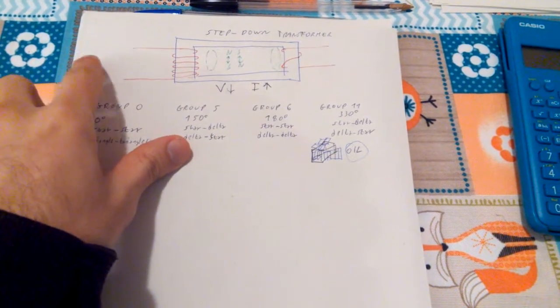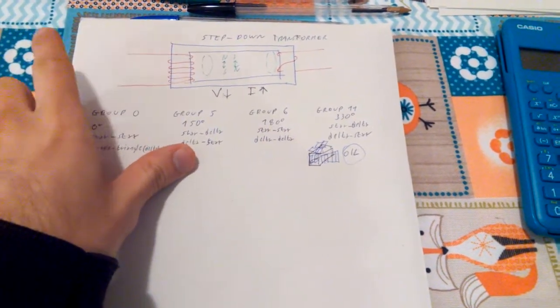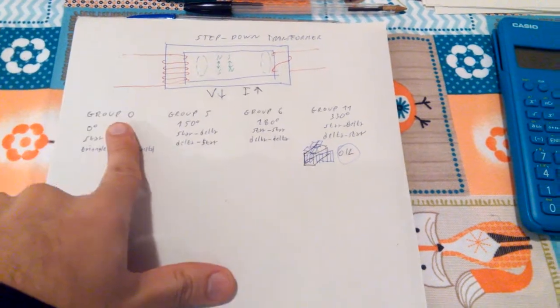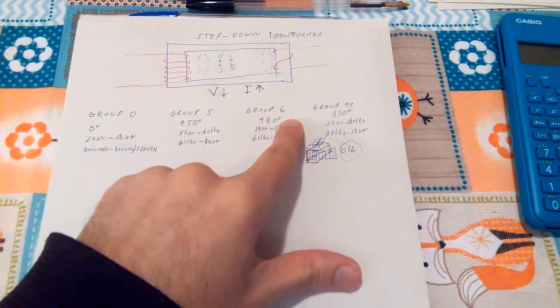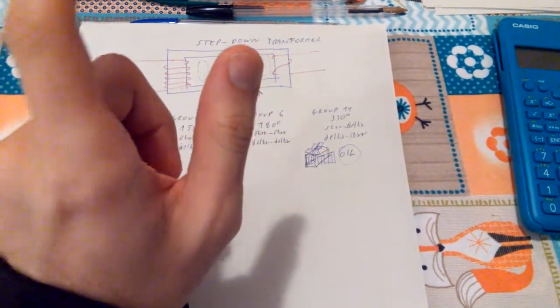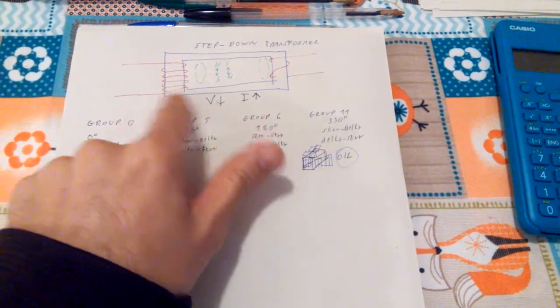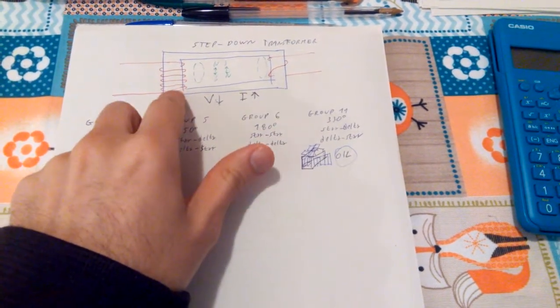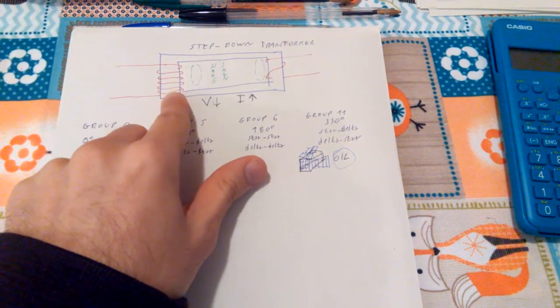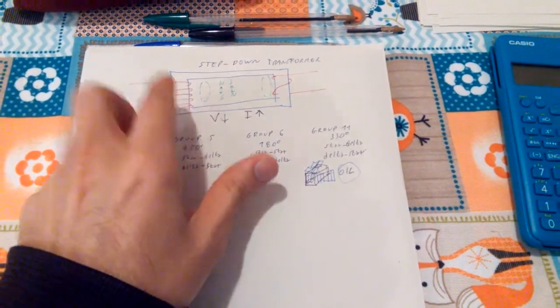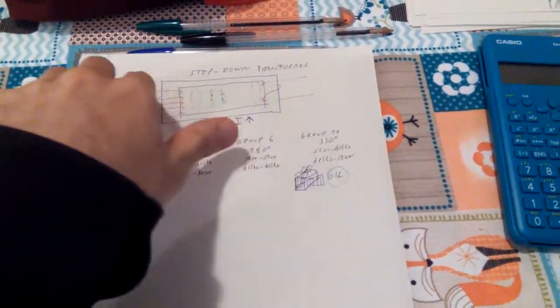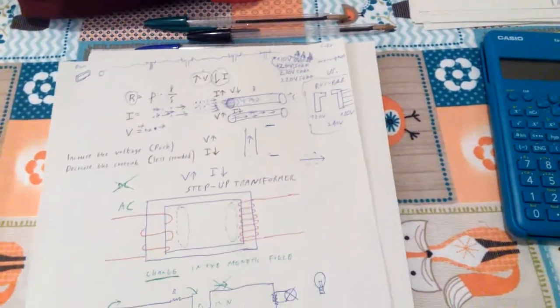One thing I wanted to point out is that I also talked about the groups, but I only made drawings of a monophase transformer. So this is relative to only one phase, and this one as well.